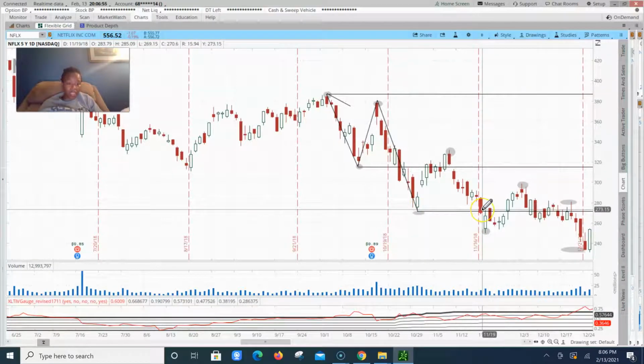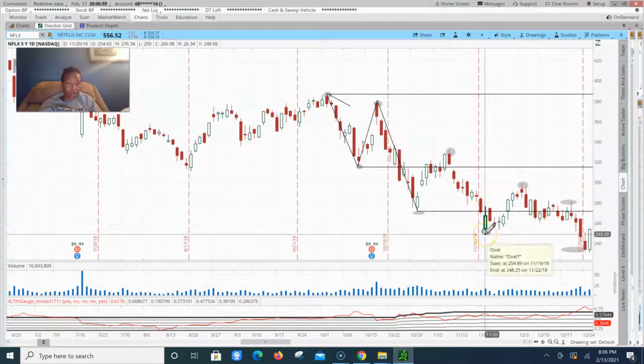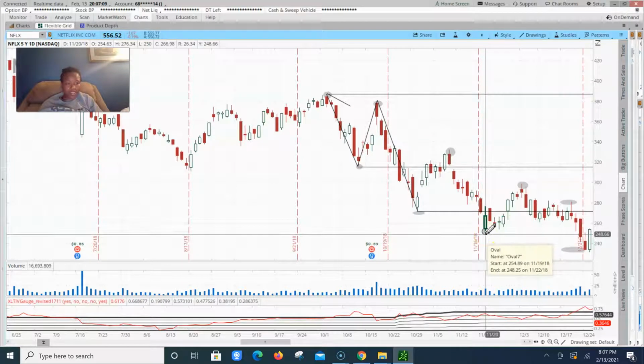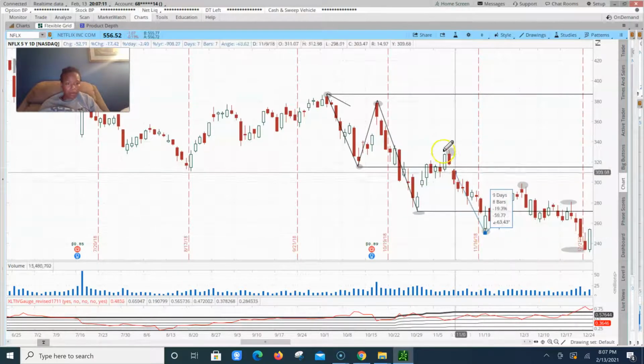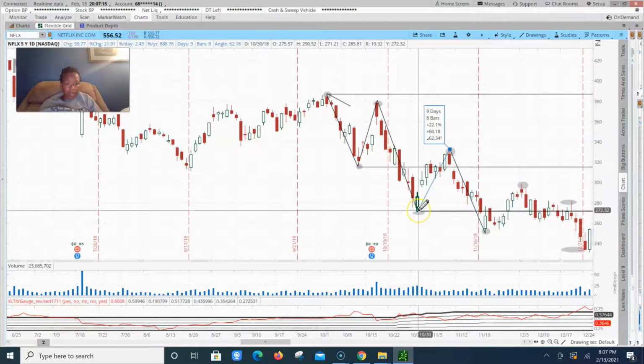So it hit it, and what did it do? It went lower. So at this lowest point, I'm going to go back in time. From here, go back in time and then I'm going to come back down to here.